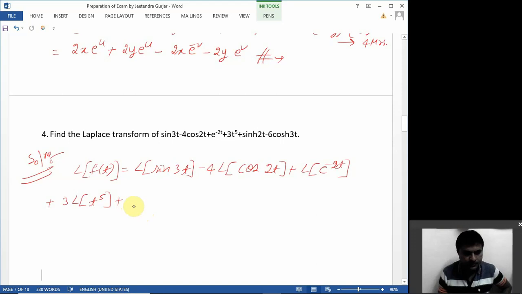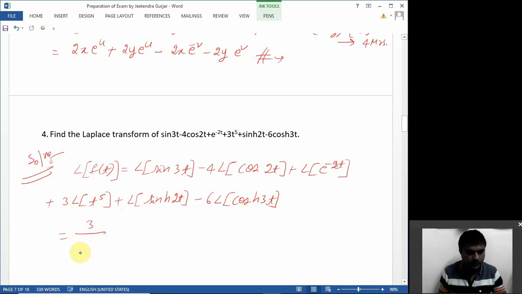Answers are correct. So Laplace transformation of sinh 2t minus 6 Laplace transformation of cosh 3t. Okay, substitute the formula, that is the answer. So sin 3t is 3 upon s square plus 3 square. Direct formula.